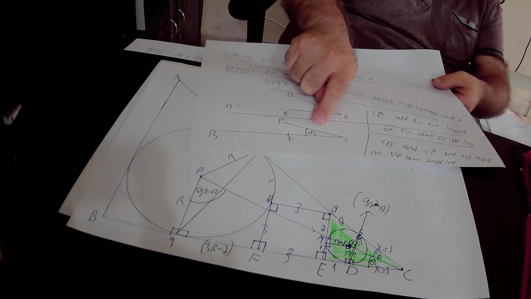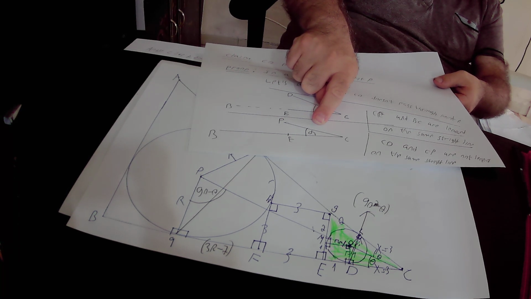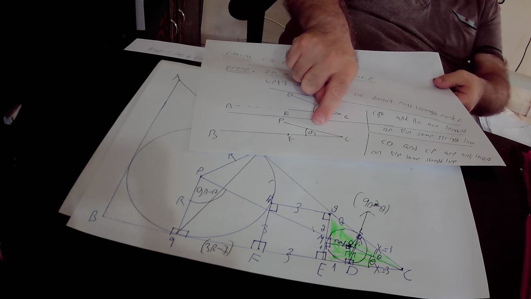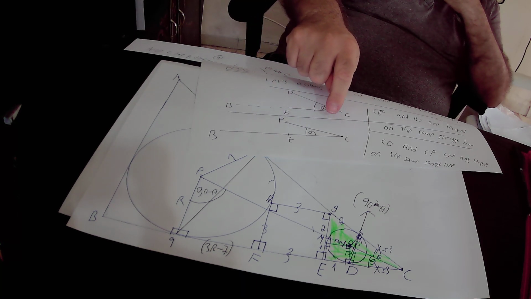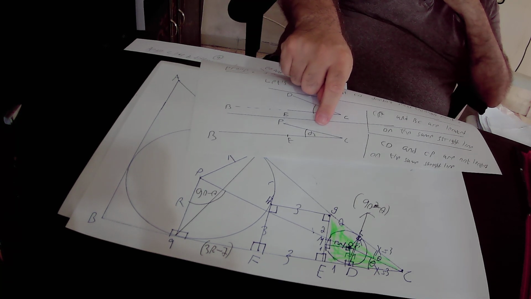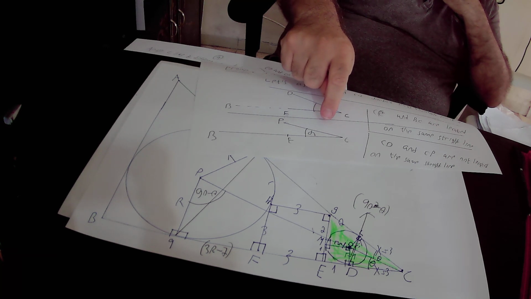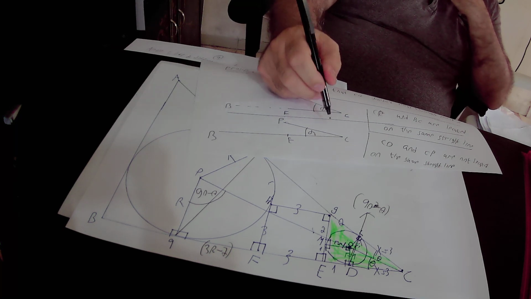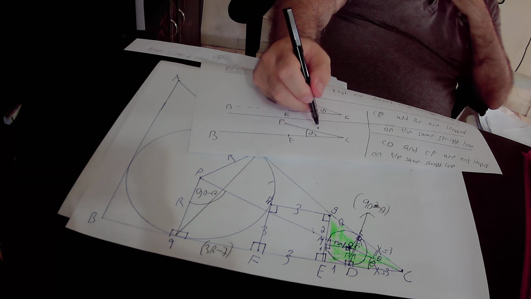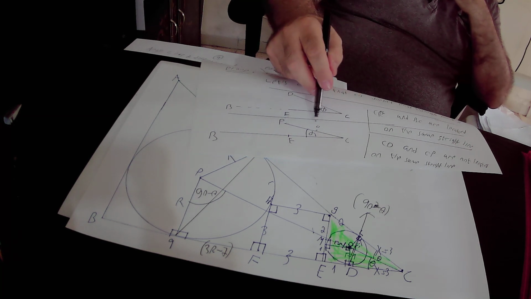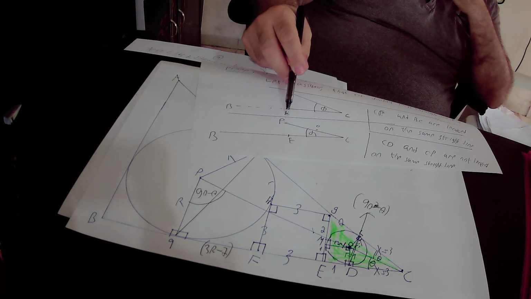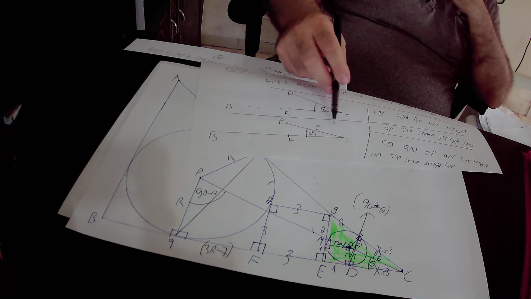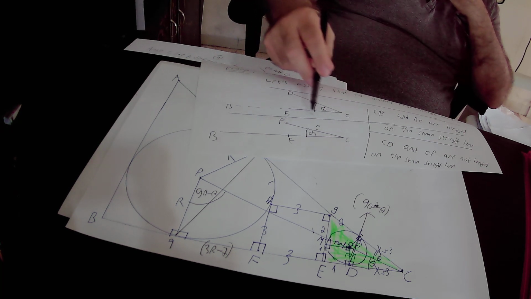Here we can write down point E, so CEP can be one straight line only if CO, here we will have point O. Okay, so here you can see that if CO doesn't pass through point P, it means that points C, O, and P are not located on the same straight line.